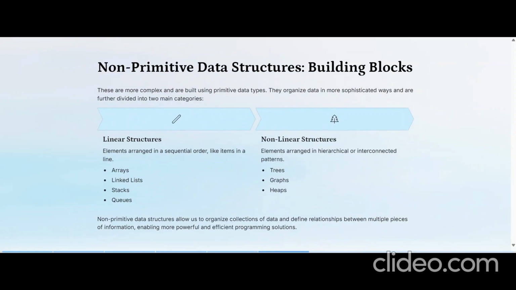Next is the non-primitive data structure. We divide it into two further categories. First is the linear data structure, and second is the non-linear data structure. In a linear data structure, the elements are arranged in sequential order or linear fashion, or we can say the elements are arranged in a line. The first data structure is the array.